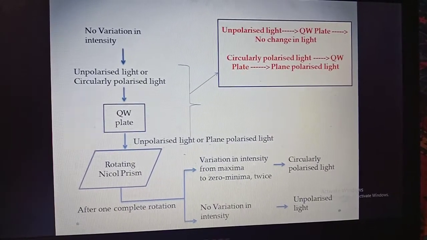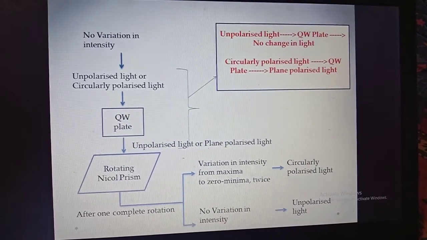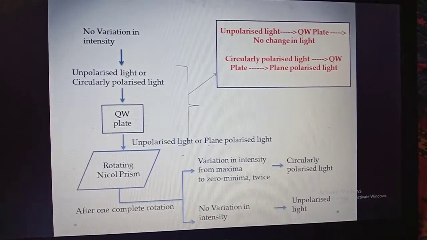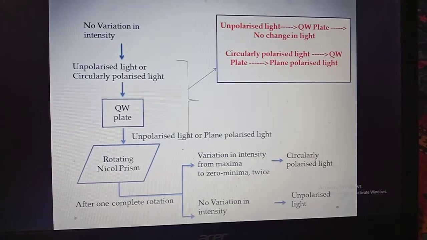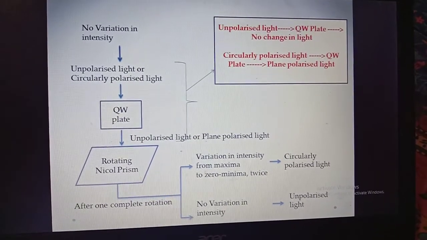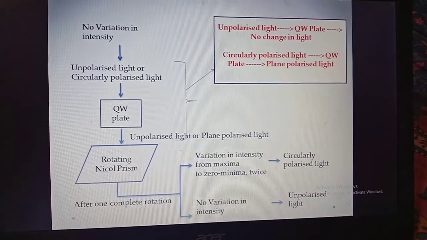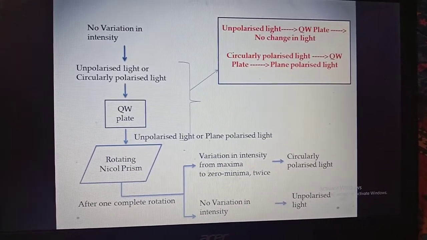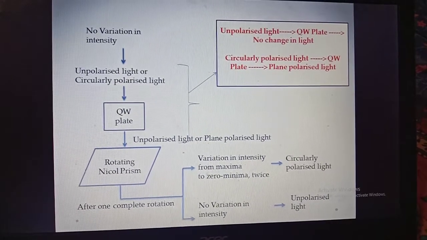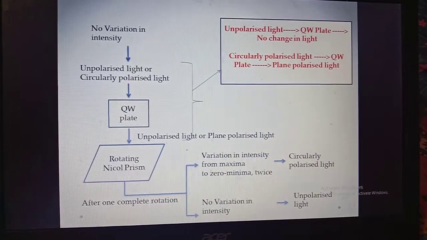Here again we put the rotating Nicol prism, and after one complete rotation we get two results. The first result is variation in intensity from maxima to zero minima twice. For this result, plane polarized light must be incident on a rotating Nicol prism, and this plane polarized light is obtained from the circularly polarized light.